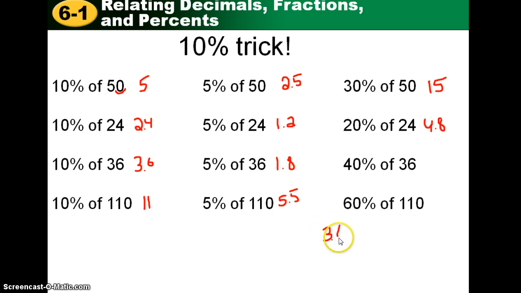So I would take 3.6 times 4, so I get 24, carry the 2, 3 times 4 is 12, plus 2 is 14, and I have one decimal place, so 14.4. And then if I need 60% of 110, 10% is 11, multiply that by 6 to get 66. So once you know 10%, you can find a lot of other percentages very quickly and easily.